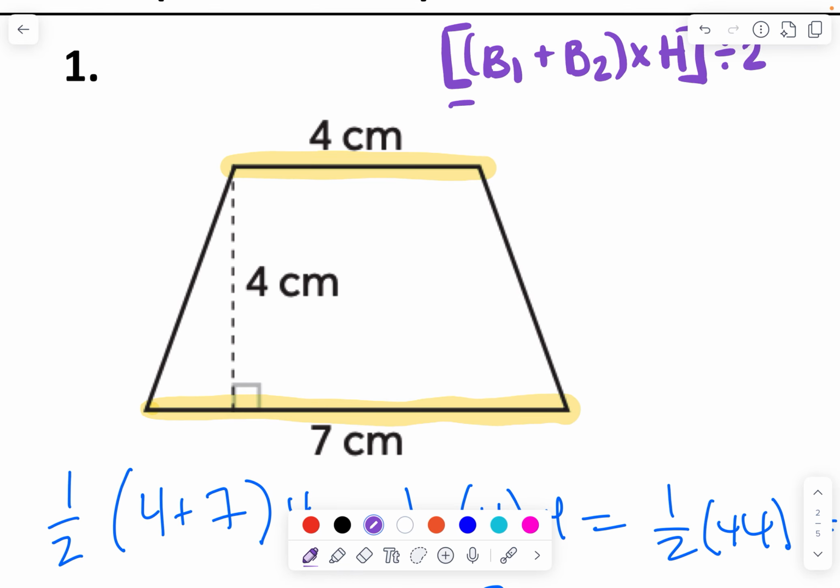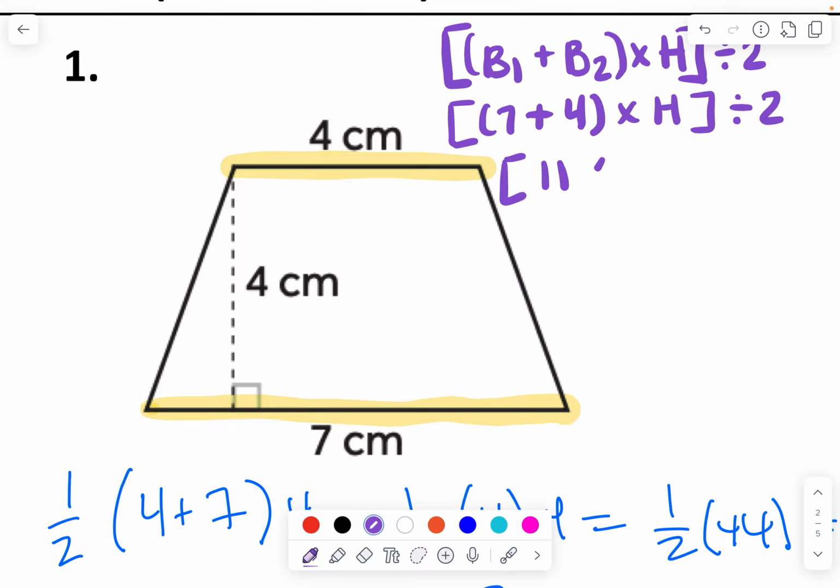So I'm going to rewrite the entire thing. 7 plus 4 times height divided by 2. Okay, I'm going to rewrite that. 7 plus 4 is 11. So 11 times height divided by 2. So now we have to figure out what is our height.